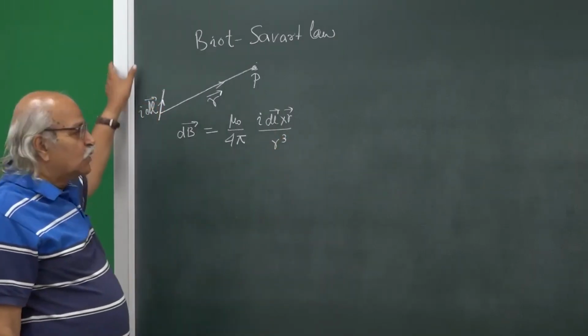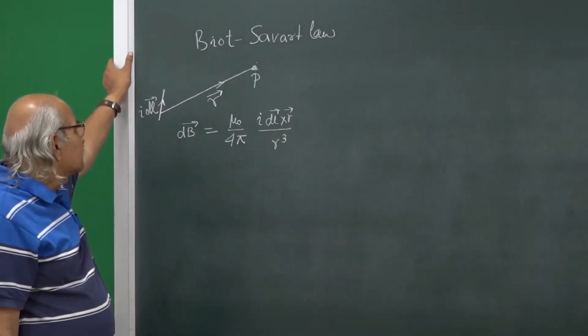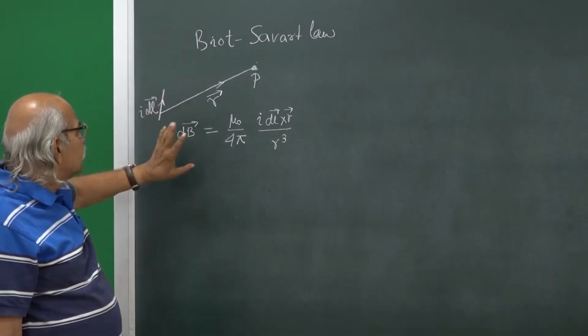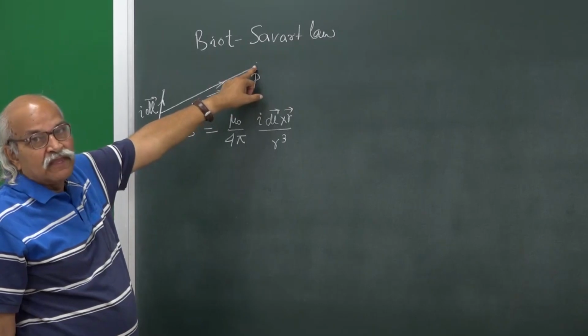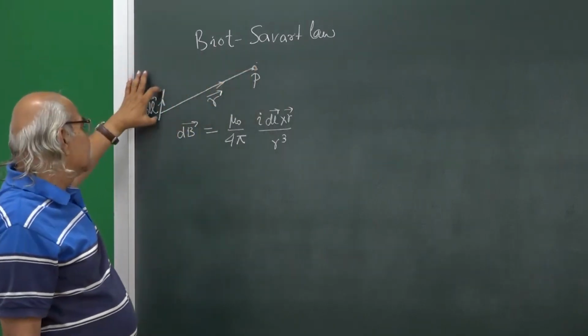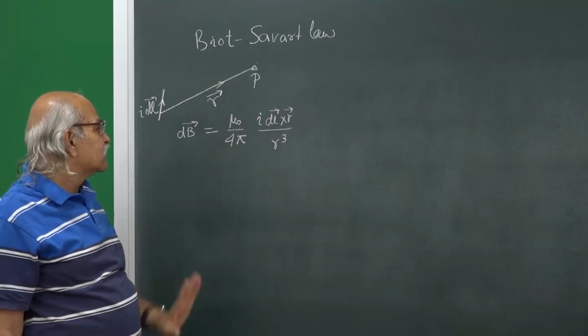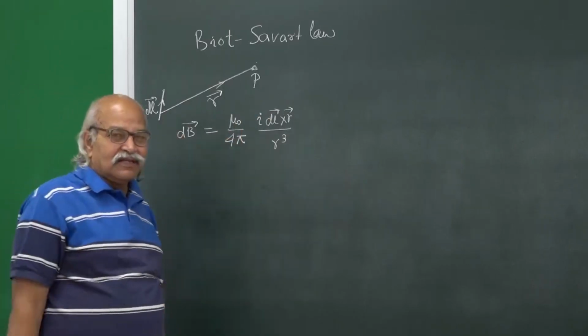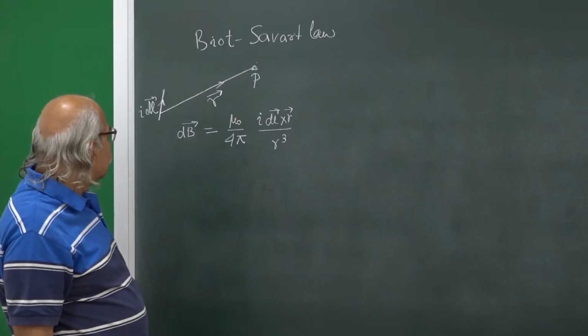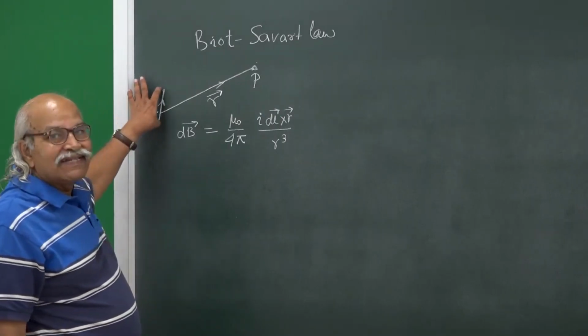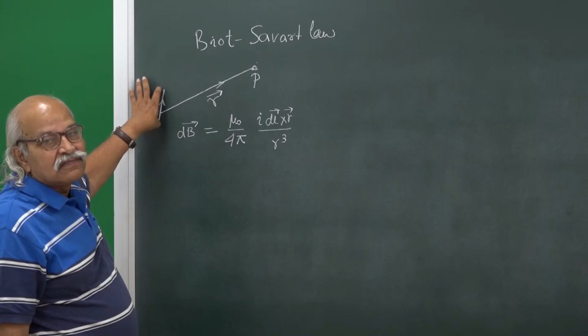That is what we understand from this Biot-Savart law. It gives me the magnetic field at a point P because of this current element. This you have all done very well. And the important thing is that this current element is not a stand-alone current.